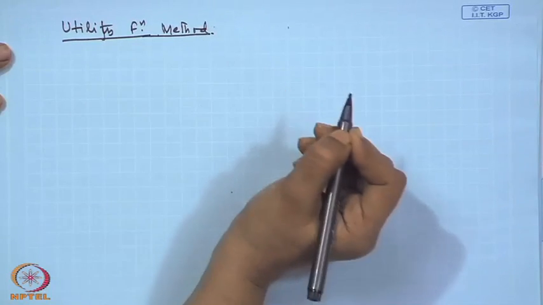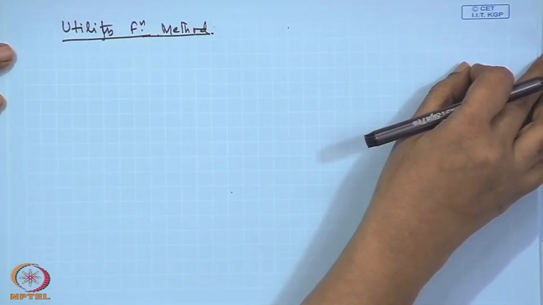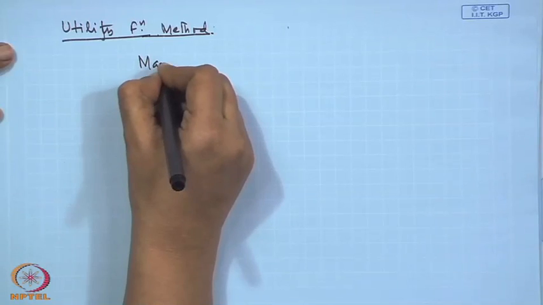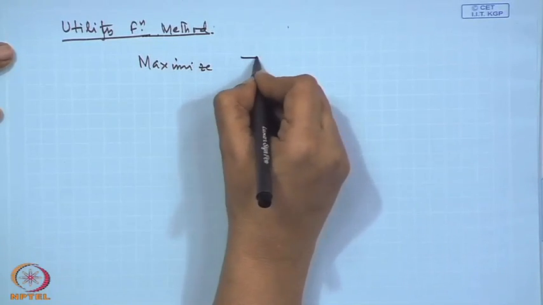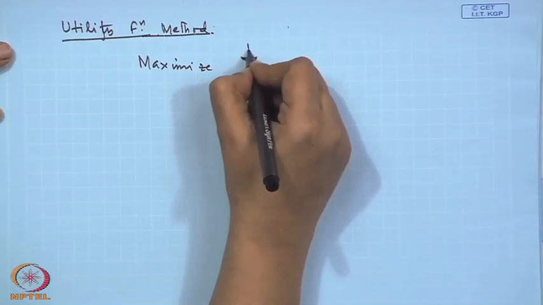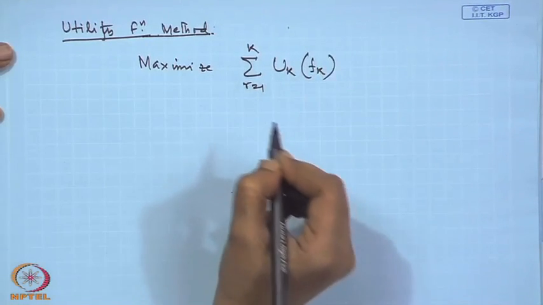That means, in the second category, prior articulation of preference information is needed for this technique, and here what we do, we maximize the utility value of each of the objective functions.